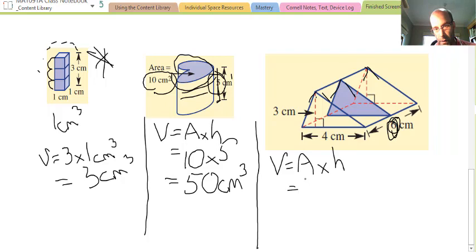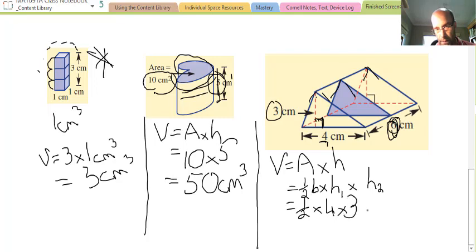But what about A? Well, as we saw above, that's the area of a triangle. So half times B times H1 times H2 is what we're going to use. The base of the triangle is 4. The perpendicular height, yep, you can see the right angle there, that's clearly the perpendicular height, that's 3.